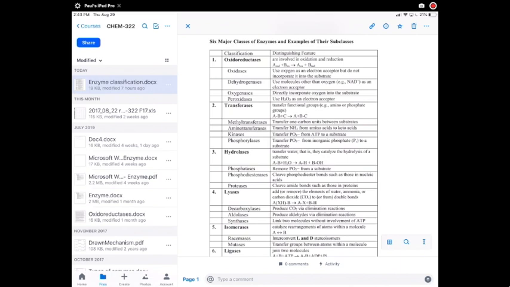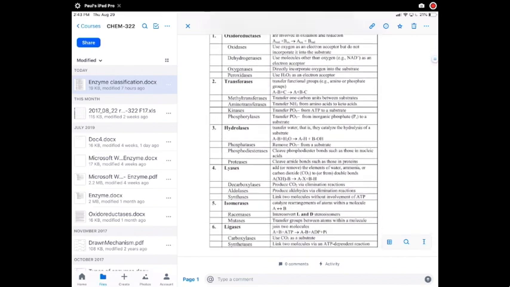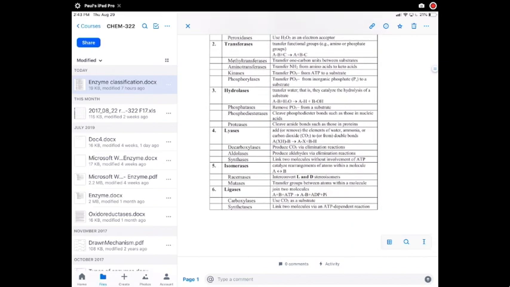There are transferases, hydrolases, lyases, isomerases, and ligases, all of which do certain things. Transferases transfer a group from one entity to another. An example of transferring a group was a kinase.